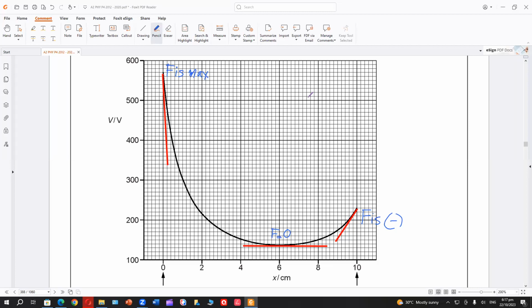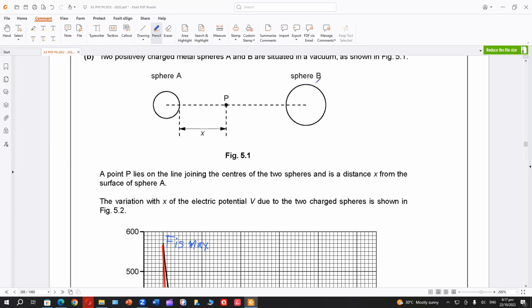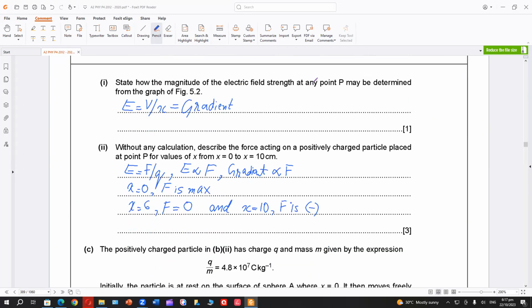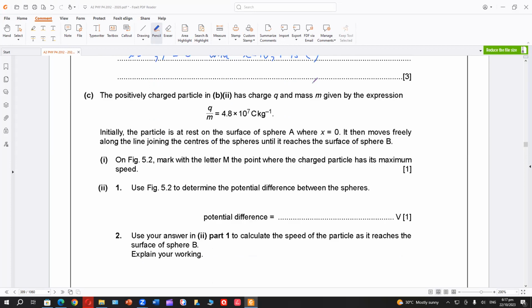How should I find it? The force is decreasing. The force decreases to 0 till it is 6, and then force increases from 6 to 10. And he says the object is reaching the surface of the sphere B. Now this part is tricky.